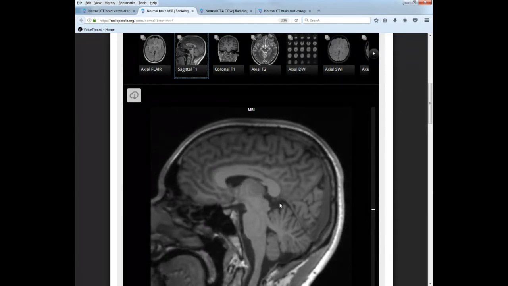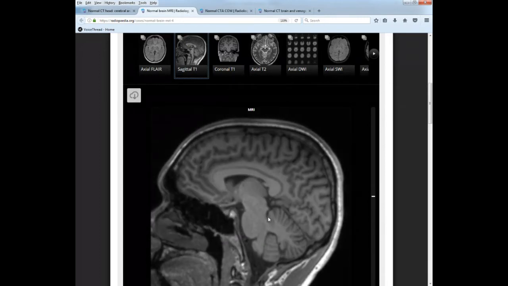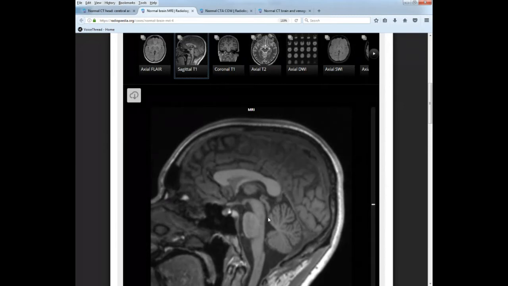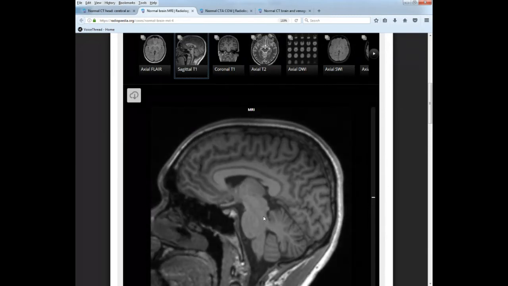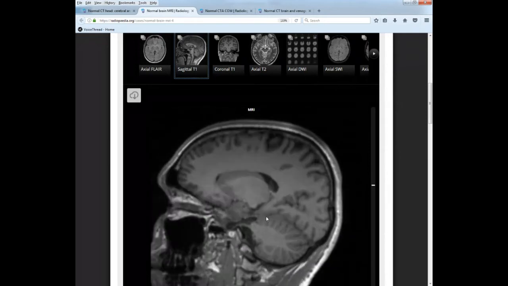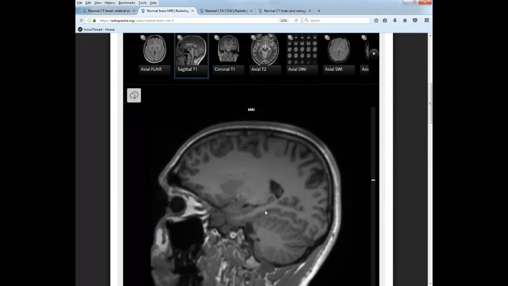Although, if we switch over to look at the cingulate gyrus, right, where am I here? Sorry, got to get my bearings. Cingulate gyrus, right here.